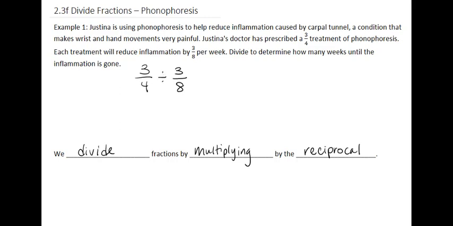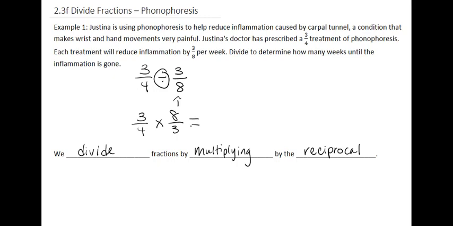In order to change the sign, we multiply the second number by the reciprocal. So we would go 3/4 times, and the reciprocal of 3/8 is 8/3. And now we can go ahead and multiply out.